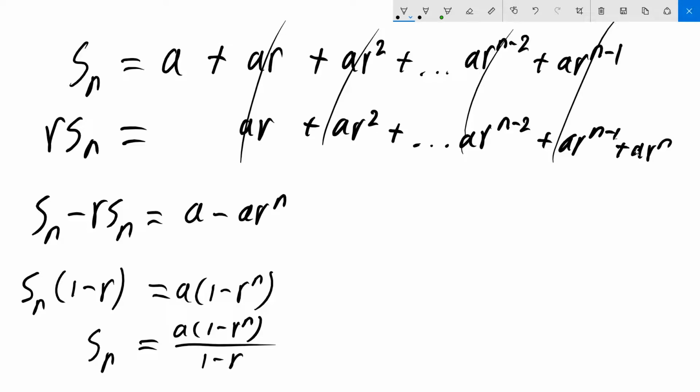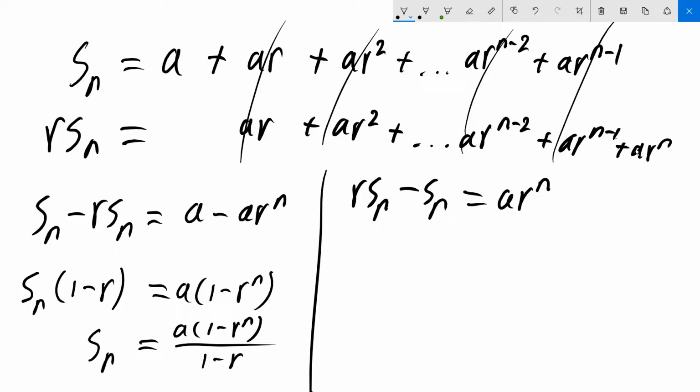So there's one formula right there for series. This will give us our series for any geometric sequence, but there is an alternative way to do it. It's the opposite of what we just did. Instead, we subtract our first series from r times the series, and we'll get a slightly different result.